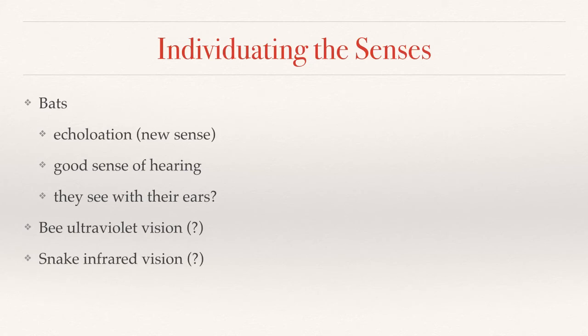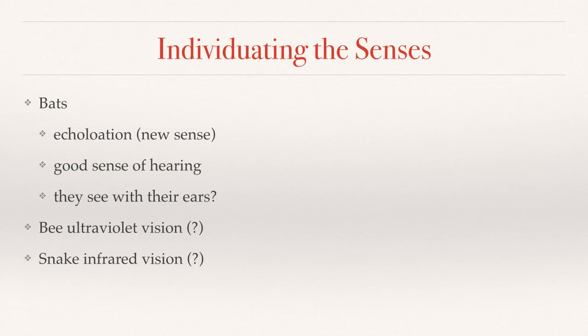So part of the problem here is that one way that we individuate the senses is via what it's like to have the experiences. And that's in addition to the physiology and anatomy issues, as well as the kinds of properties that are out there. And this, I think, is what's nice about McPherson's paper: she ends up concluding that a lot of these different things seem to matter to us when we're talking about what makes a sense a sense.